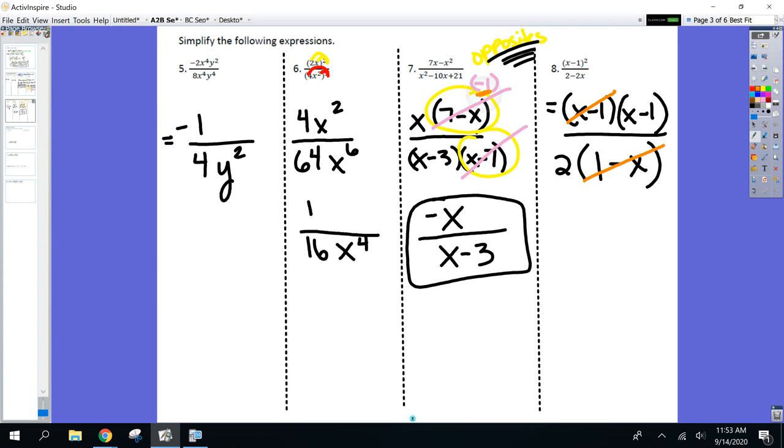See that? Yeah. Okay, so when you go back to number 8, you cross off x minus 1 and 1 minus x. Those are opposites. So what number am I still left over with? Negative 1. Yes. Do you want to put it on the top or the bottom?